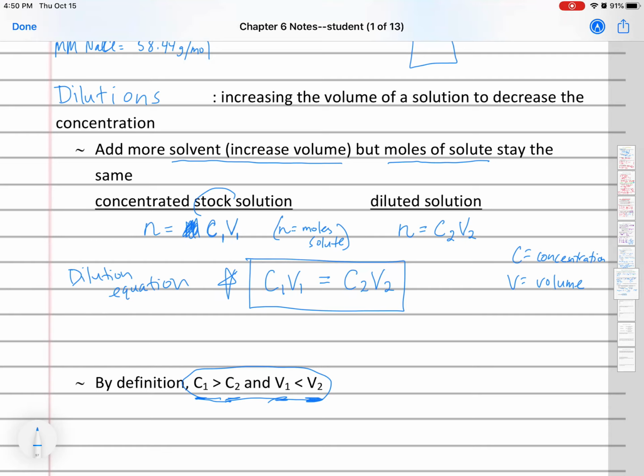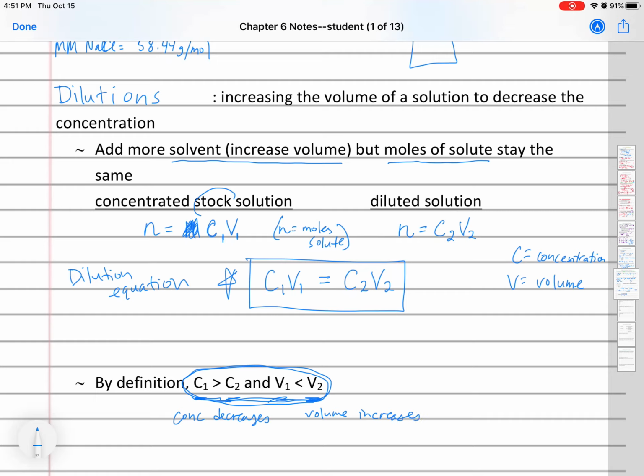Because a lot of times the mistakes people make is they can't properly identify which is the initial concentration or the final concentration, which is the initial volume and which is the final volume. But if you keep this in mind, this will help you make sure that you are identifying things properly. So by definition, this is true because concentration decreases in a dilution and volume increases.